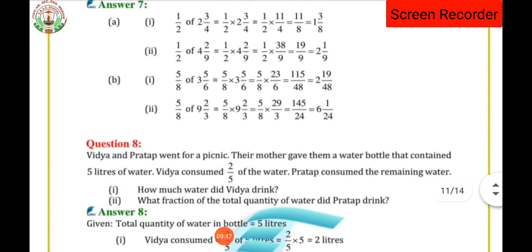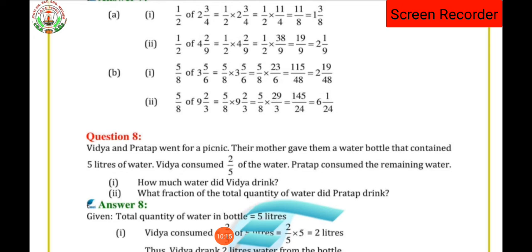Next we are having question number 8. In question number 8 we can see that Vidya and Pratap went for a picnic. Their mothers gave them a water bottle that contains 5 liter of water. That means Vidya and Pratap are going for the picnic, and their mother gave them a water bottle, and the quantity of water in the bottle is 5 liter.